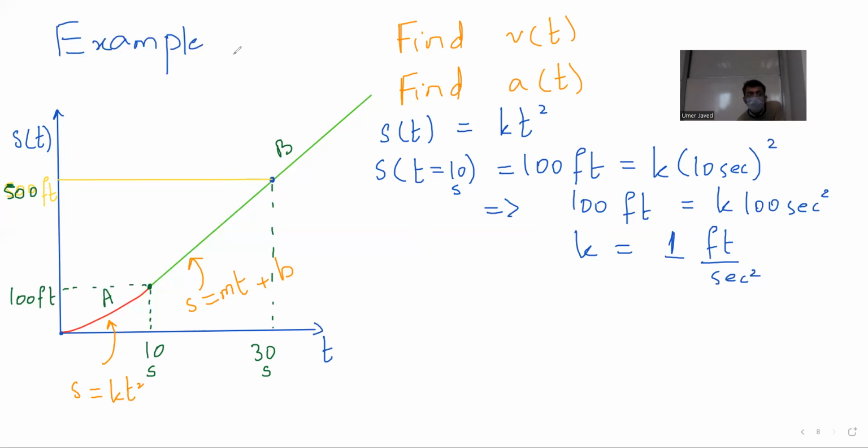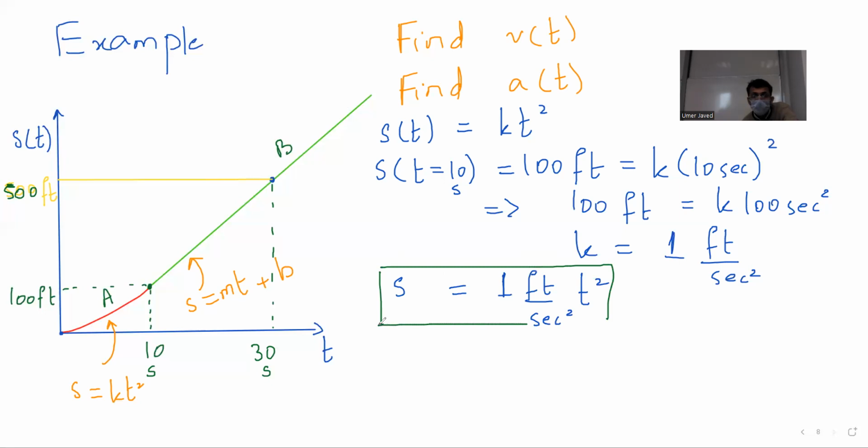What you will do is you will just follow the basic methodology that S is equal to 1 feet per second square, then t square, right? And then you will stop. This is S. Okay, tell me what will be the velocity? 2, right? Yeah, good.